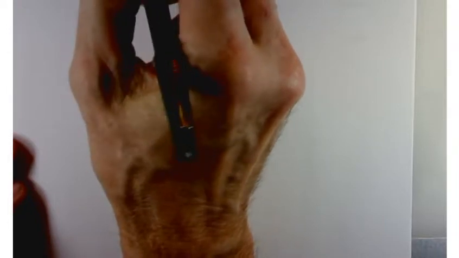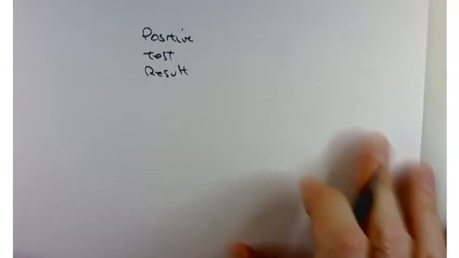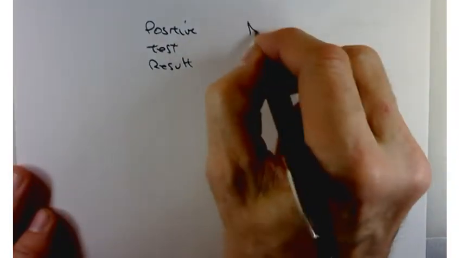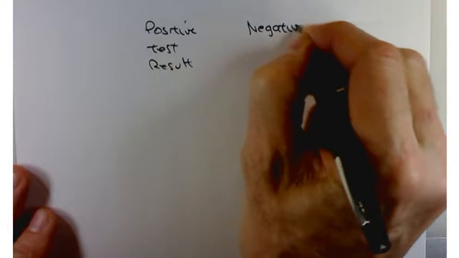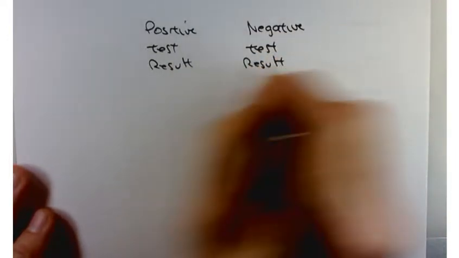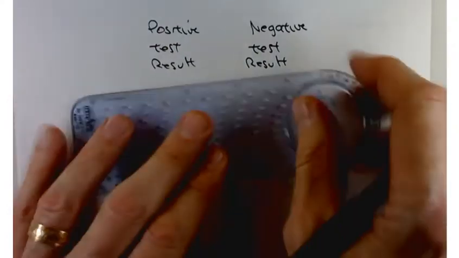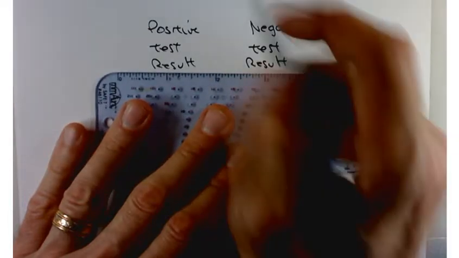So we had people who were being tested for drugs with this test, and you had those who had a positive test result, and there were also people with a negative test result. And then there were subjects that used drugs and some that didn't.